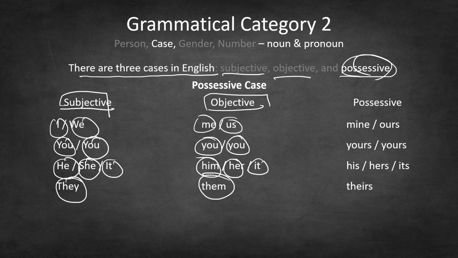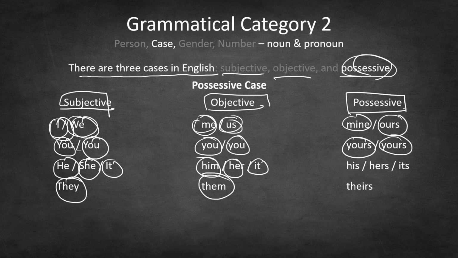They, them. But possessive pronouns are these: I, me, mine. We, us, ours. You, yours, yours. He, him, his, she, her, hers, it, its, they, them, theirs.